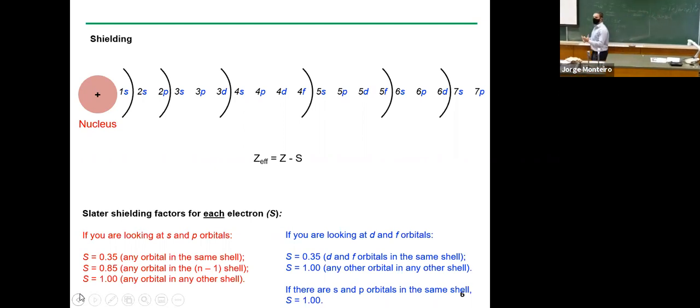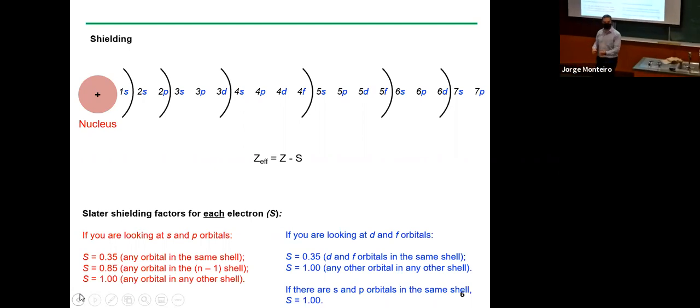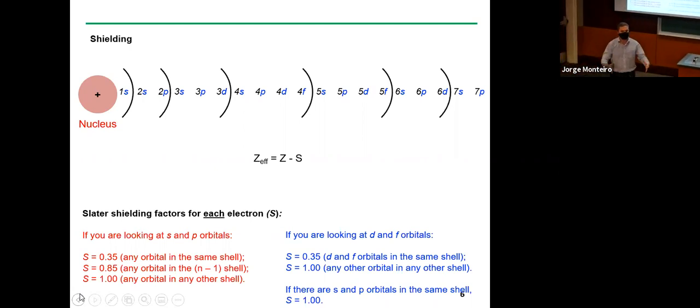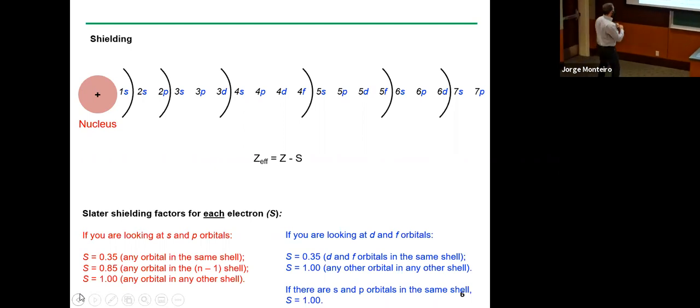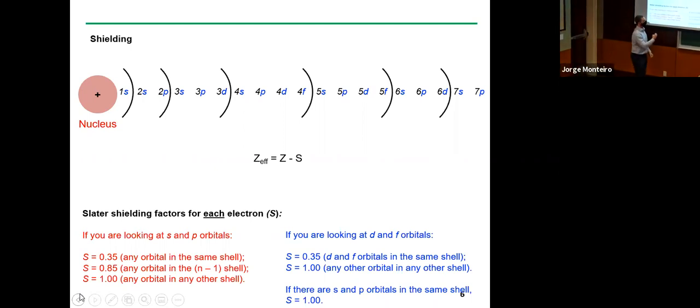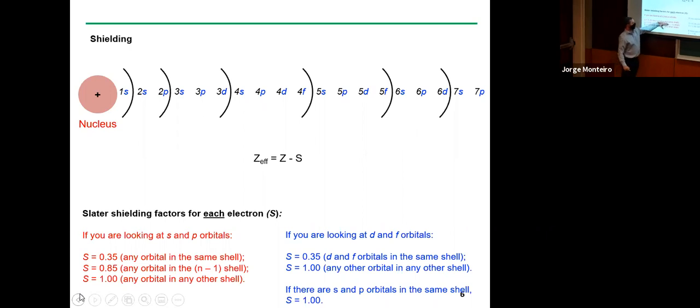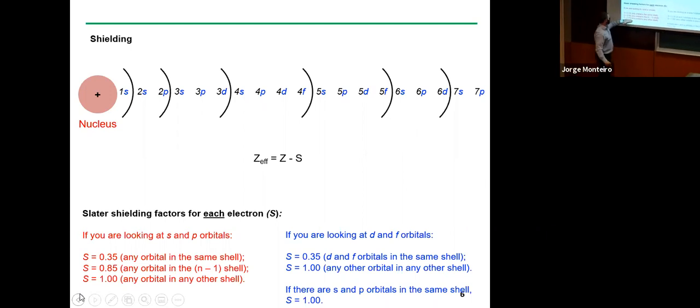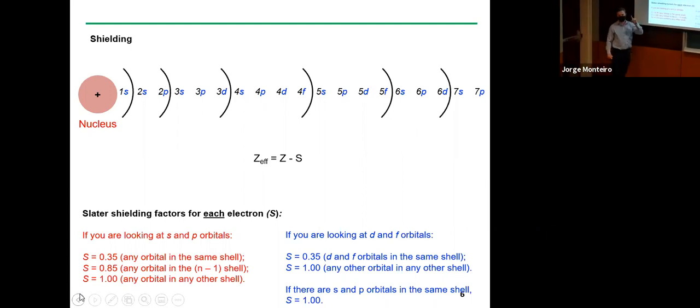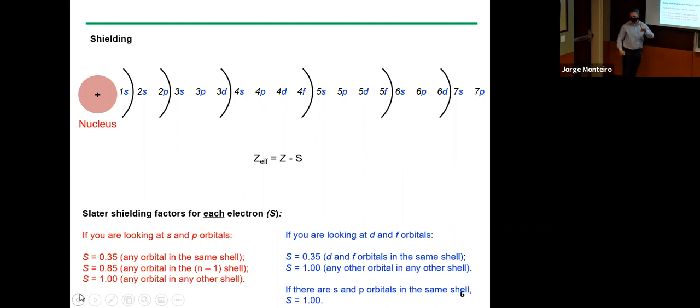All right. Now we have to attribute Slater factors for each electron. So let's go back to the rules, starting with the 1s2 orbital. For electrons in any other shell that's not the same one and not the one right in front of it, the Slater shielding factor is going to be a unit for each electron.